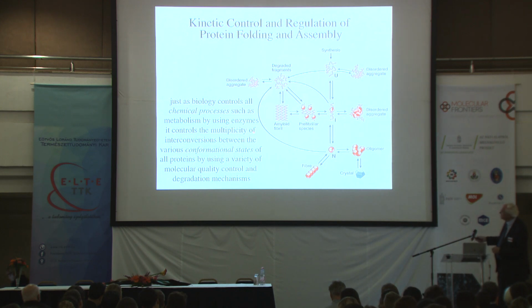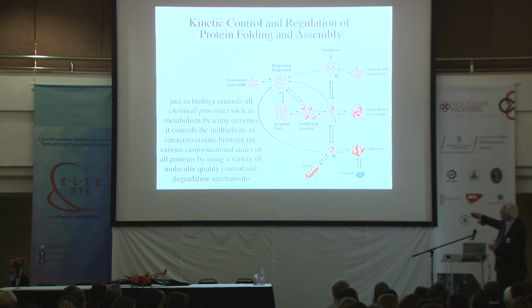And we thought that actually all these different possible conformational states of proteins, when you make a protein, it can clump into a disordered aggregate, it can get degraded, it can fold through intermediates perhaps into higher order folded structures, they can assemble into oligomers and fibers and so forth. But we argued that actually they could also convert into these amyloid fibril structures, of course going through some sort of intermediate species as they begin to assemble together.